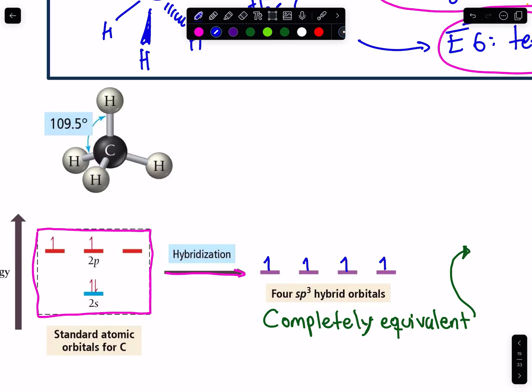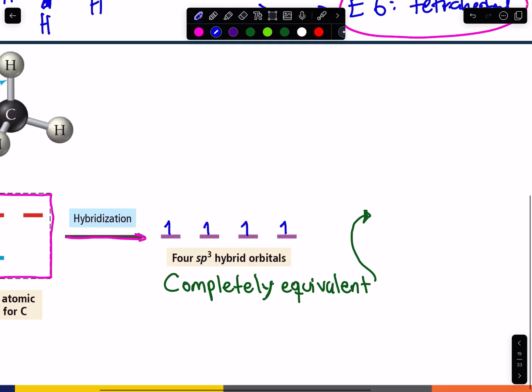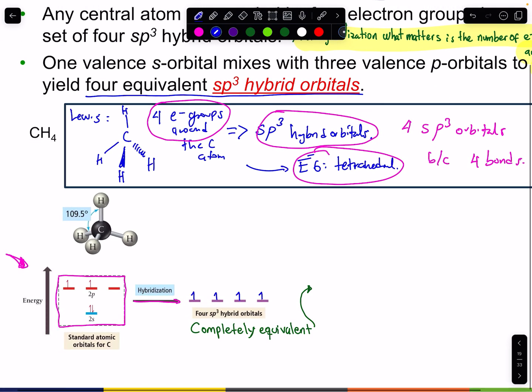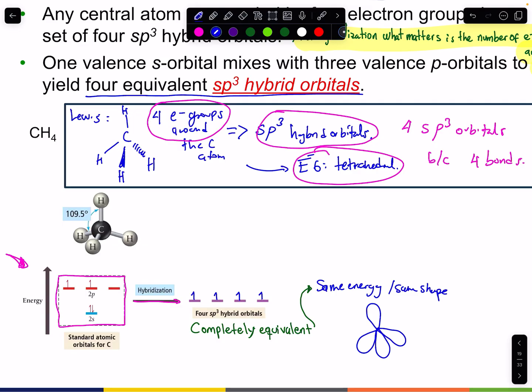These 4 sp3 orbitals are completely equivalent. They are completely equivalent in the sense that they're going to have the same energy, the same shape, right? And they are like this. You have the drawing there. It's a better drawing what you have there. But those 4 are something like this. And each one of these are around the carbon atom, having 1 electron ready to make bonds.